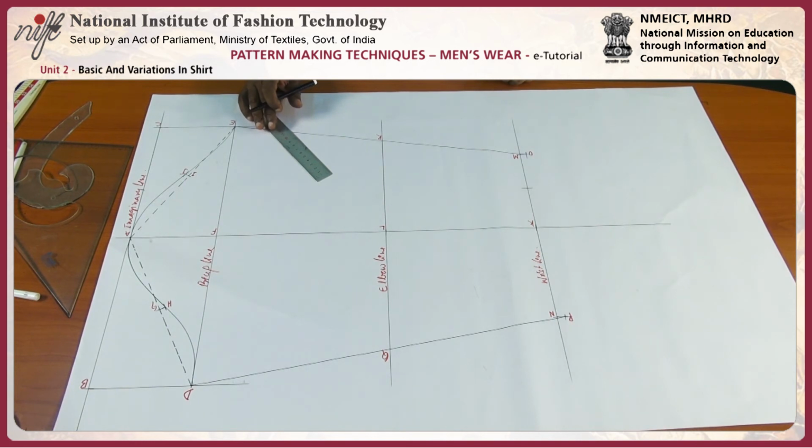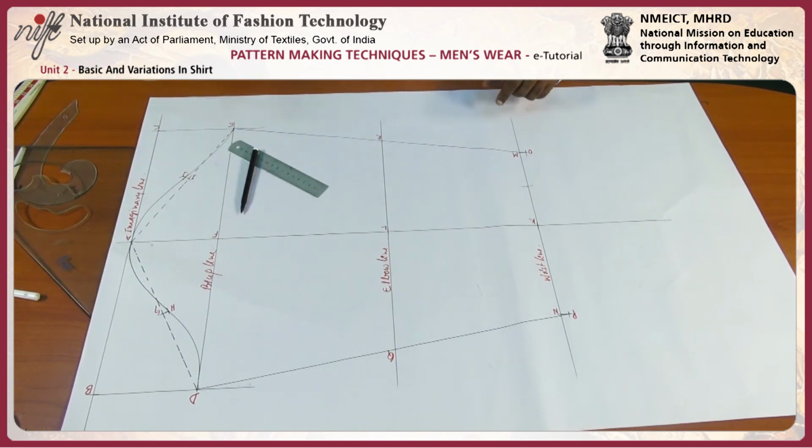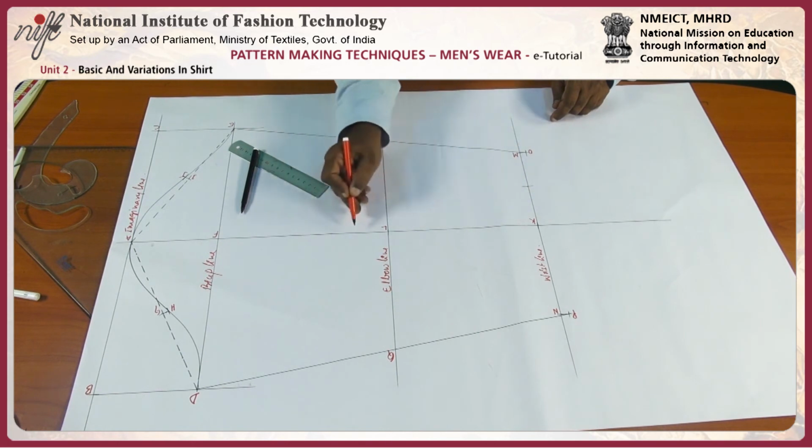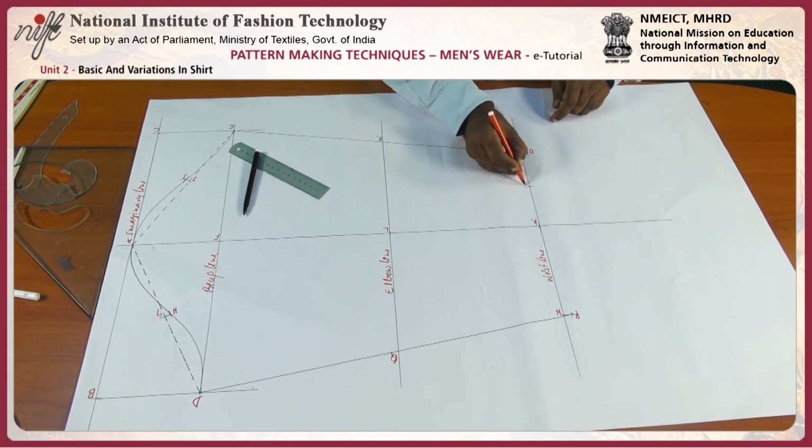Draw a line parallel to the center line from point S as shown in the figure. From point S, you need to draw a parallel line to the center line. This will be S.